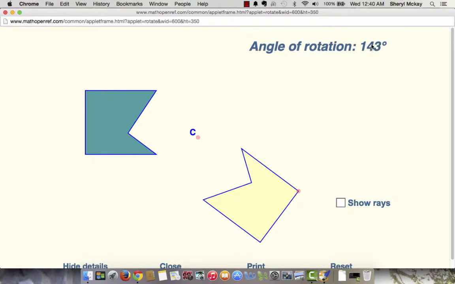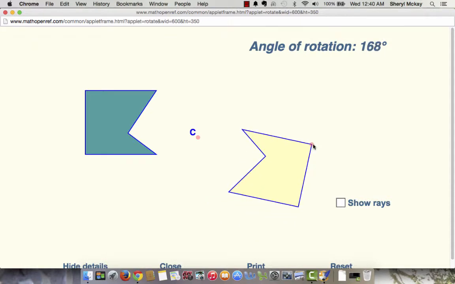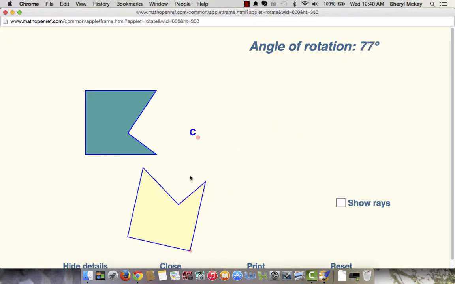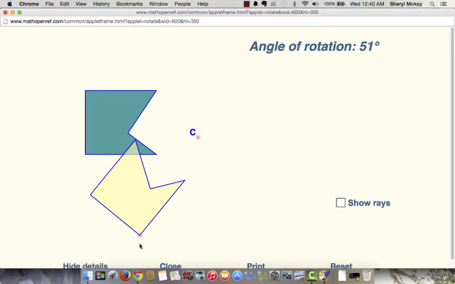So right now, from this figure to this figure, it's 143 degrees. If I keep rotating it, now it's going to 188. Let's see if I can.